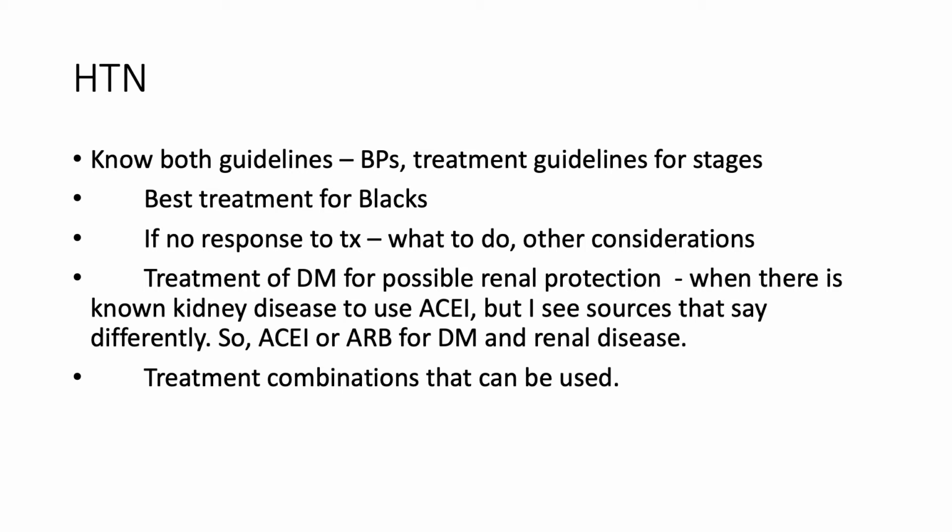When there's known kidney disease, use an ACE inhibitor, but I see other sources that say differently. So an ACE inhibitor or an ARB for diabetes, and it's diabetes in particular with microalbuminuria and renal disease. And then look at the treatment combinations that can be used in hypertension. Remember never to prescribe both an ACE and an ARB.